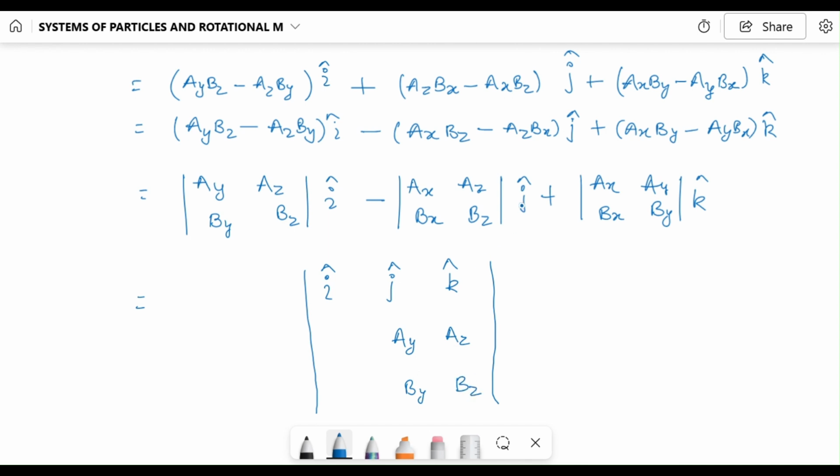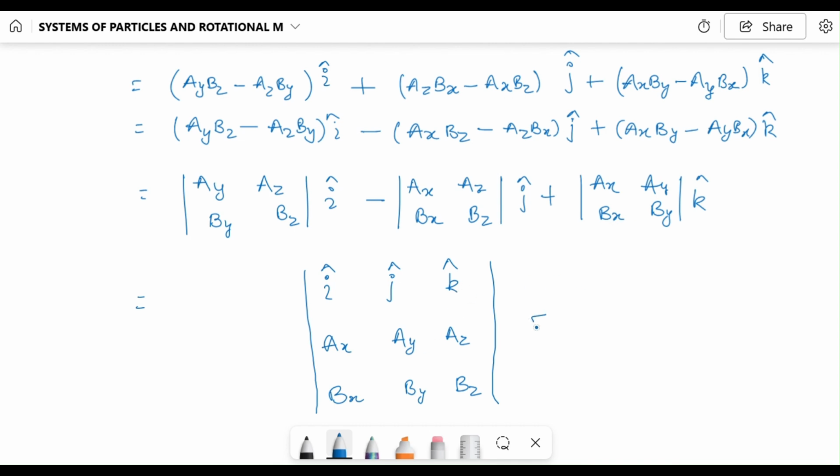Now this is minus j, and it is multiplied with this thing, so we have to eliminate this row and this column here, and then we will have ax bx here and az bz in this column. Now checking for this k cap, we have to eliminate this thing, so ax by and bx ay is there.